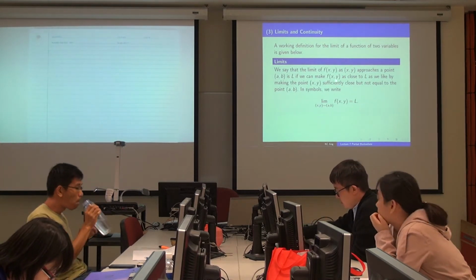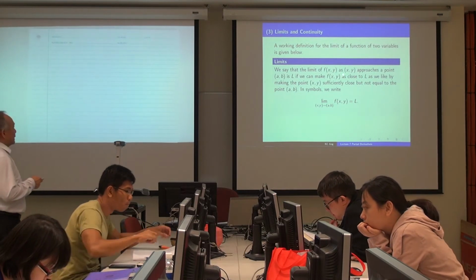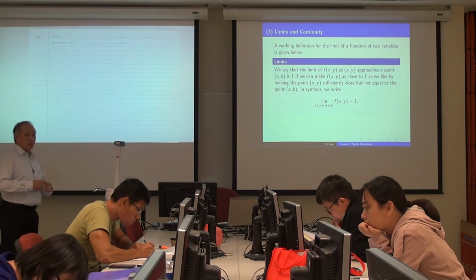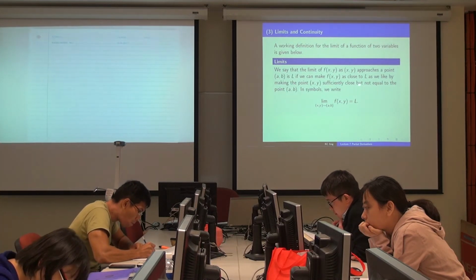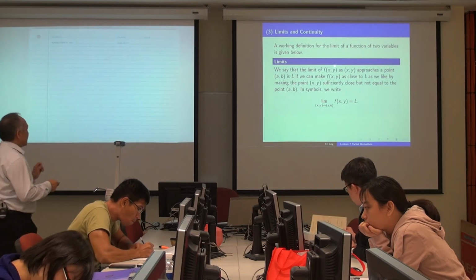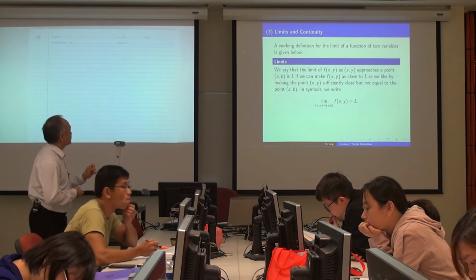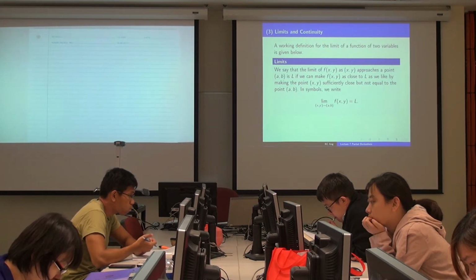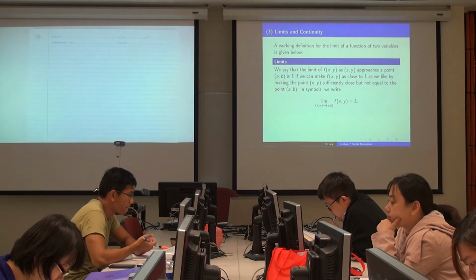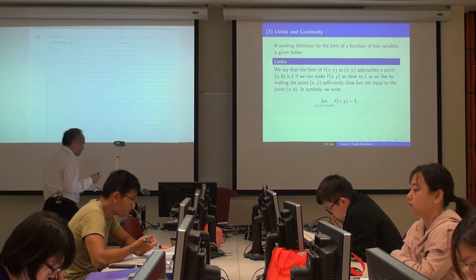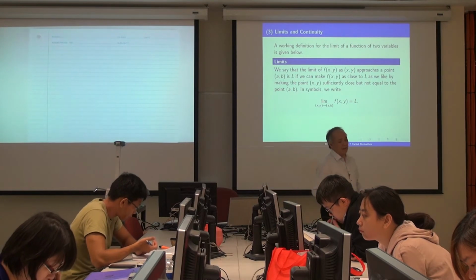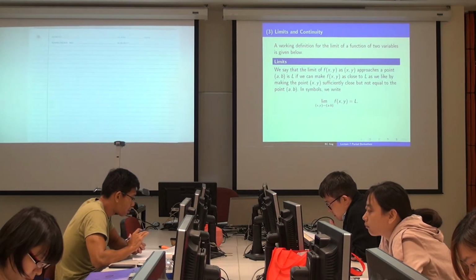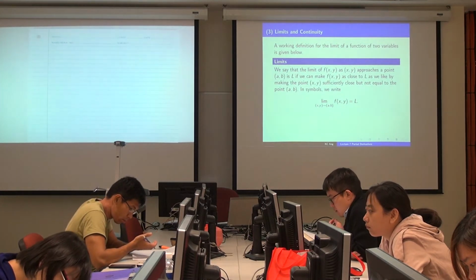Okay, so if we have a function f(x,y), and we let some point (x,y) approach a certain point (a,b) in the domain, and as (x,y) approaches (a,b), the function value f(x,y) approaches L, and if we are able to make f(x,y) as close as possible to L by making the point (x,y) as close as possible to (a,b) but not touching (a,b), then we say that the limit of f(x,y) is L. Whatever I just said, if you remove the y and the b, is just what you understand for a function of one variable f(x), correct?